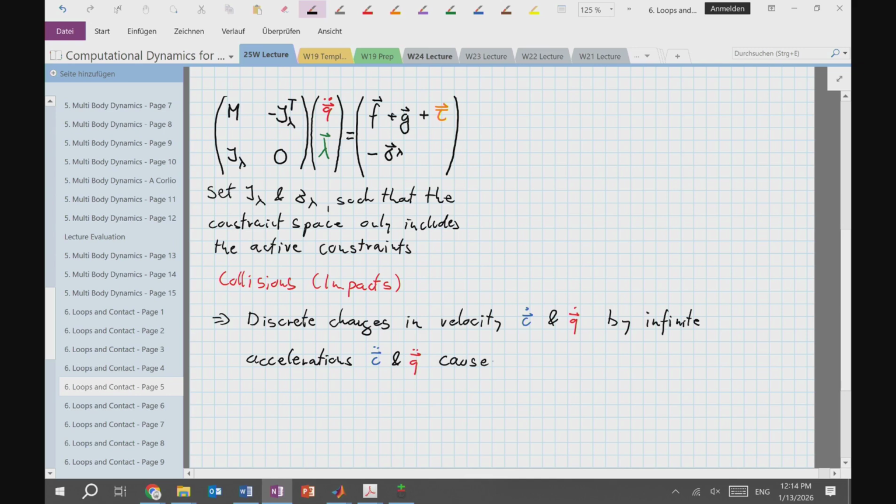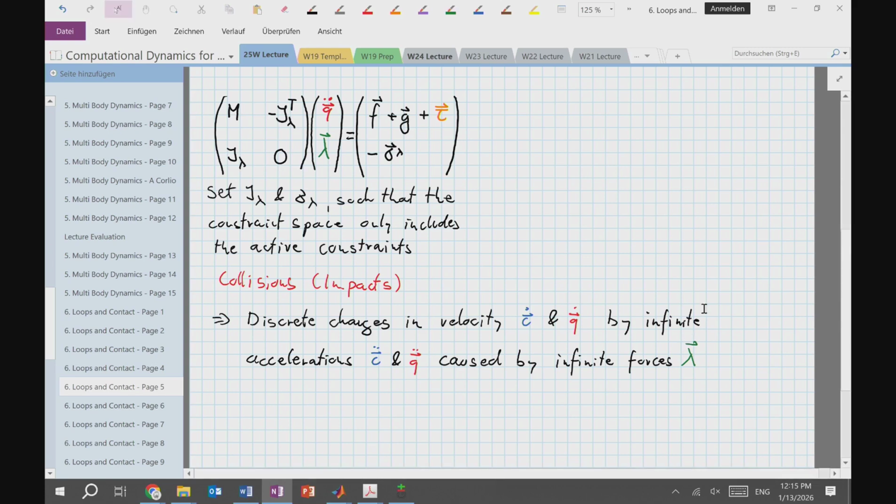And these are caused by infinite forces.